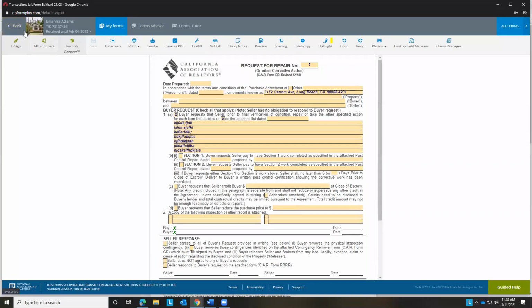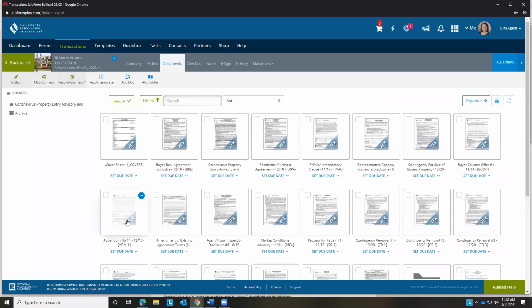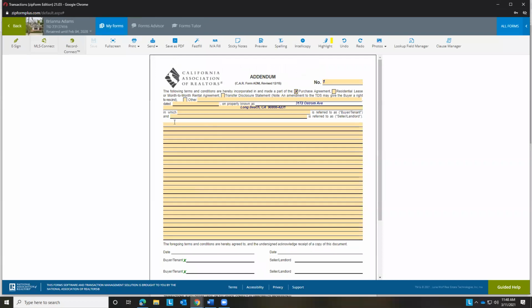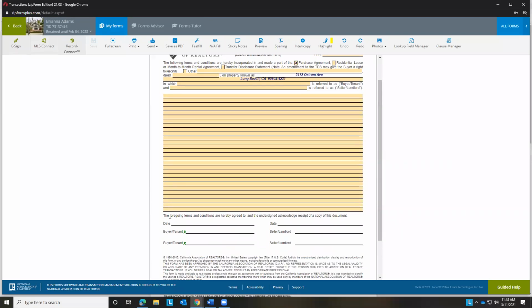For all of those agents out there that are still using addendums to list all of the things that the buyer wants repaired, at the bottom of the addendum, it says the foregoing terms and conditions are agreed to, and the undersigned acknowledge receipt of a copy of this document.